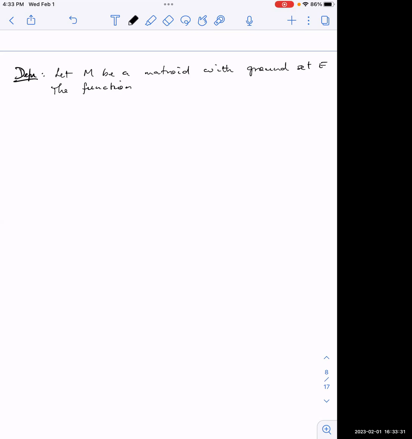The techniques involved in proving things from one of these perspectives are very different from the techniques involved in proving from another axiom system. The function R from the power set of E to the natural numbers is given by this: rank of X is the size of the largest independent set in X.